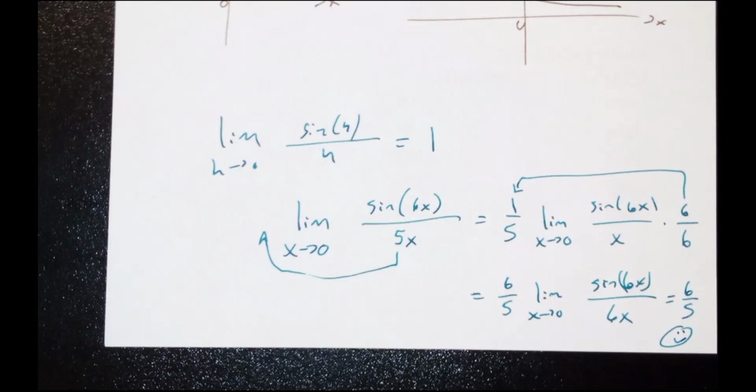If I have limits that are almost the one I want, I can adjust and end up with the one I do want. Questions?